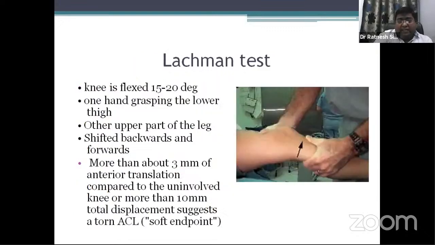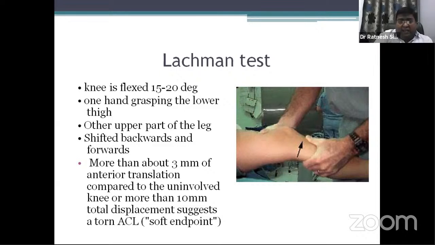Lachman test. This is more specific for ACL. You can do this in the acute stage also, where you cannot flex the knee to 90 degrees. In this position, the knee is kept at 15 to 20 degrees only.